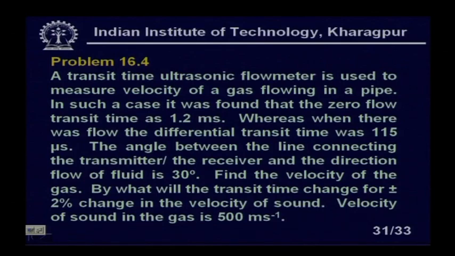The angle between the line connecting the transmitter and the receiver and the direction of flow of the fluid is 30 degree. Find the velocity of the gas, and what will be the transit time change for plus minus 2% change in the velocity of sound. Velocity of sound in the gas is 500 meter per second. So, this is our problem.